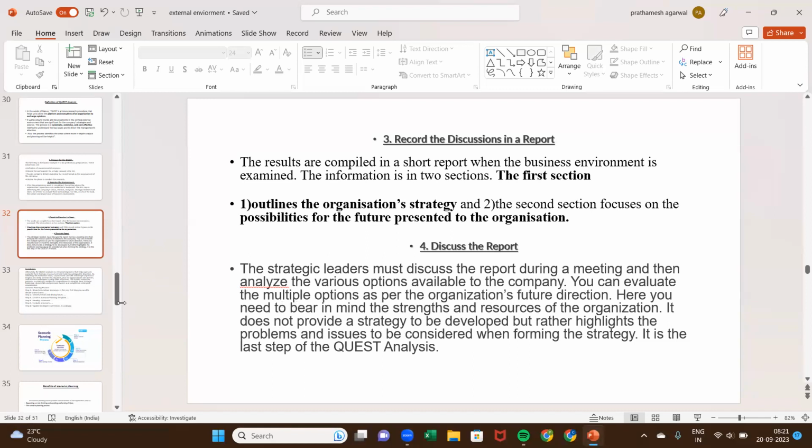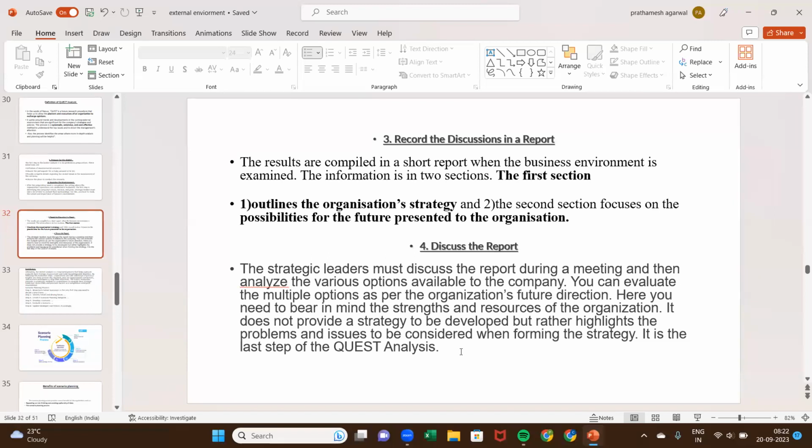So, again, we'll add two more factors to what I said in the previous statement. When you're going to select the options, they have to be aligned with the vision, mission, goals, and objectives of the company, and we need to also keep in mind the strength and the resources of the organization.